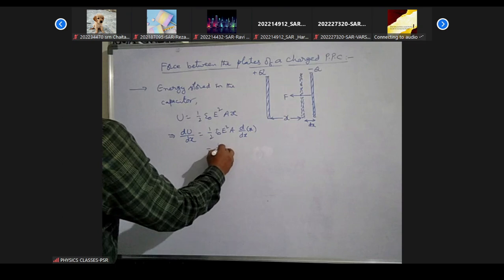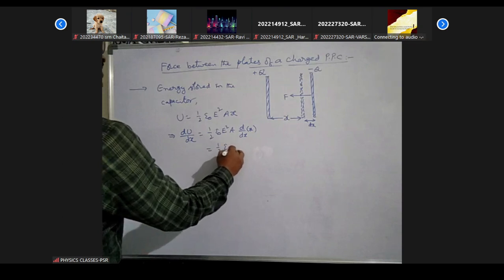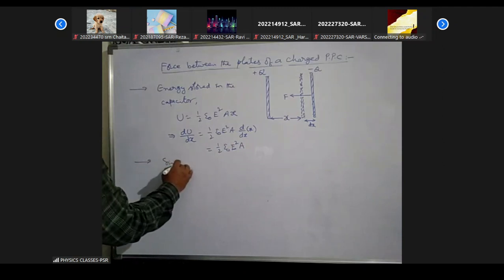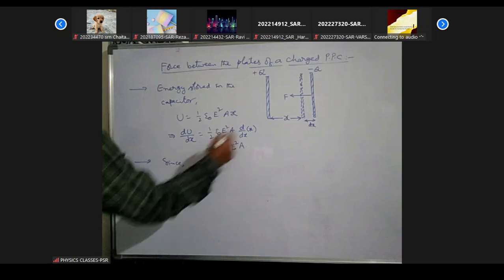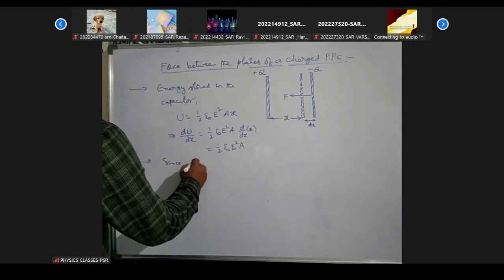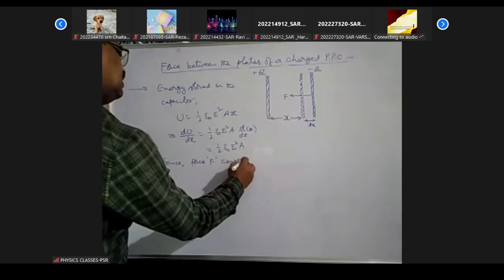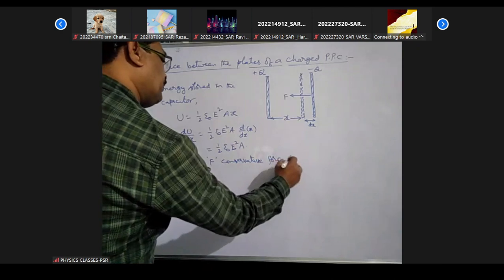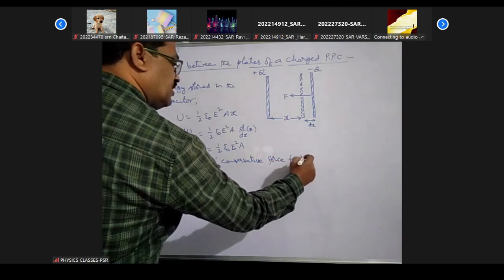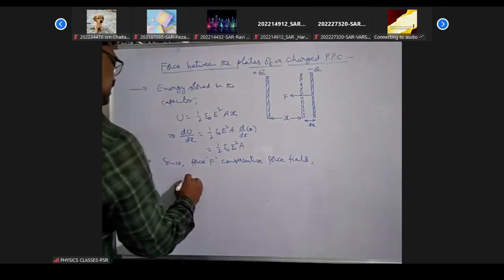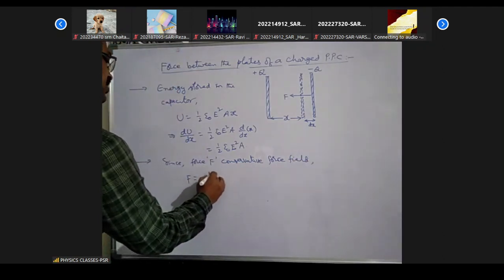So this can be written as half epsilon naught E square A. Since force F is a conservative force field, F can be written as minus dU by dx.